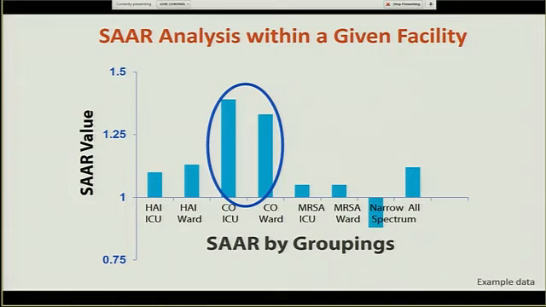And if you advance the slide, if you're the stewardship team looking at your data, you can see that your community onset SAARs are higher in both your ICU and wards compared to the other SAAR categories. And this can provide an opportunity for you to further evaluate the drugs specifically within these categories to determine if there's opportunities to improve use.